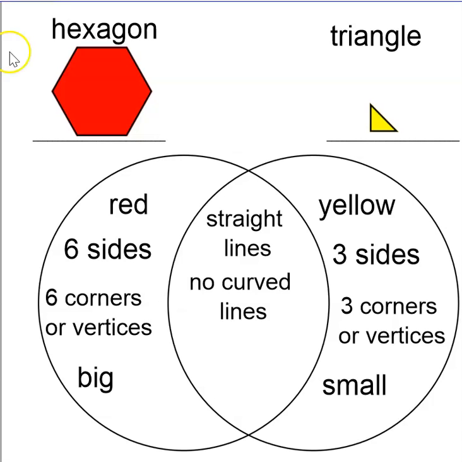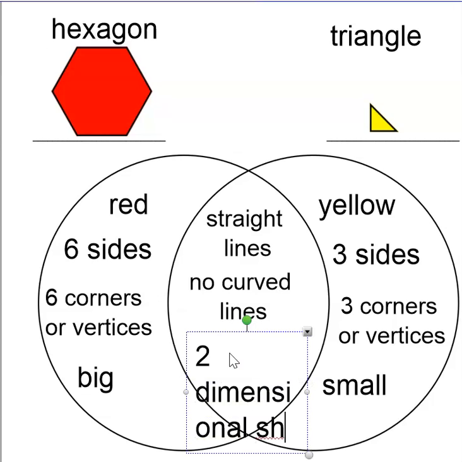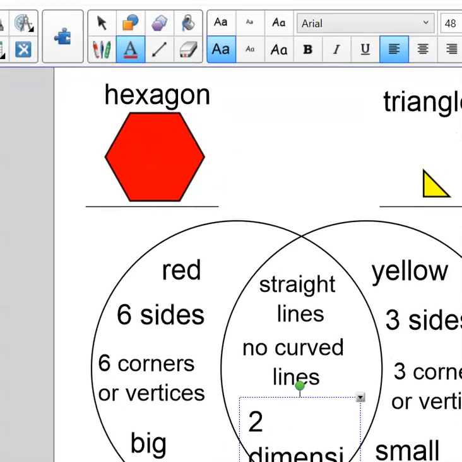So both of these are also what type of shapes? What types of shapes are those? They are 2-dimensional shapes. I'm going to make that smaller.